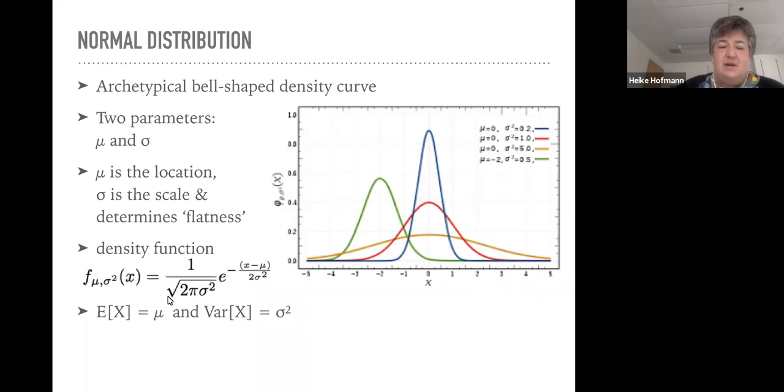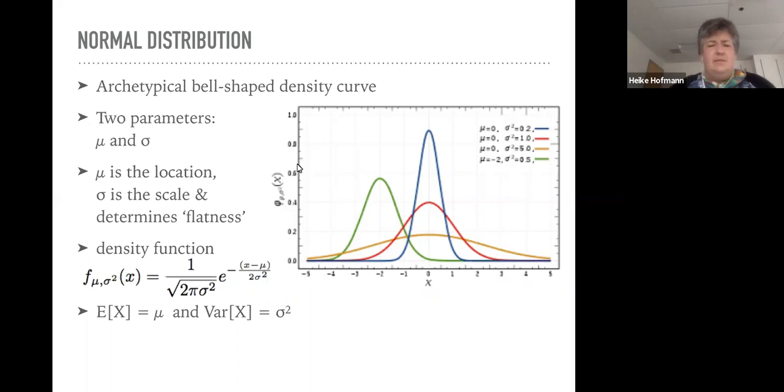So this is just a constant to make sure that when we integrate over this function f, the result is going to be 1. And then we've got an expression of e to the negative x minus mu squared over 2 sigma squared. So we've got an expression that is the highest when x is equal to mu, and then we fall off symmetrically to both sides.